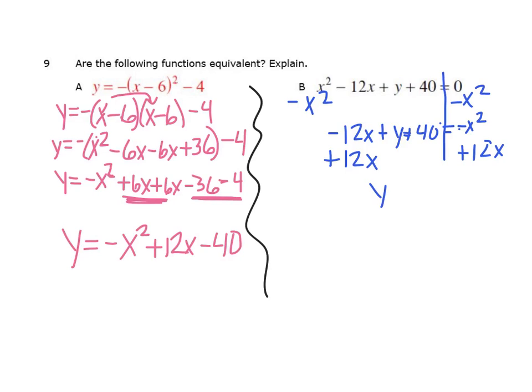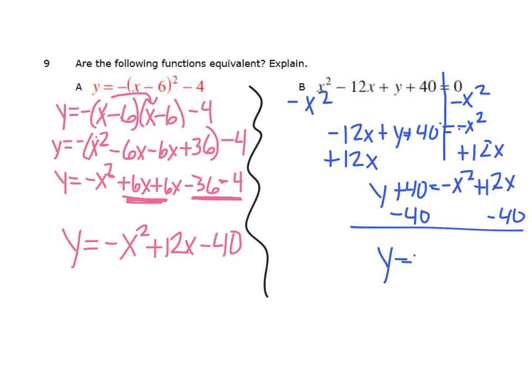This leaves me with y plus 40 equals negative x squared plus 12x. Then I'm going to minus my 40 from both sides. And that leaves me with my final answer of y = negative x squared plus 12x minus 40. And we can see these match, so they are equivalent.